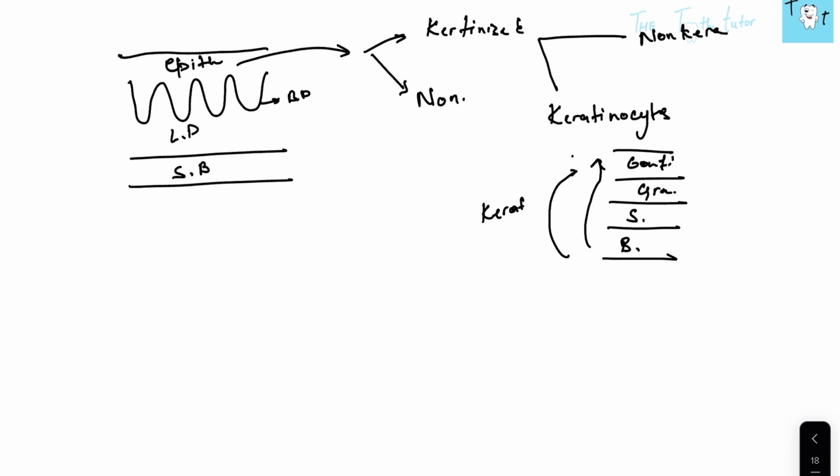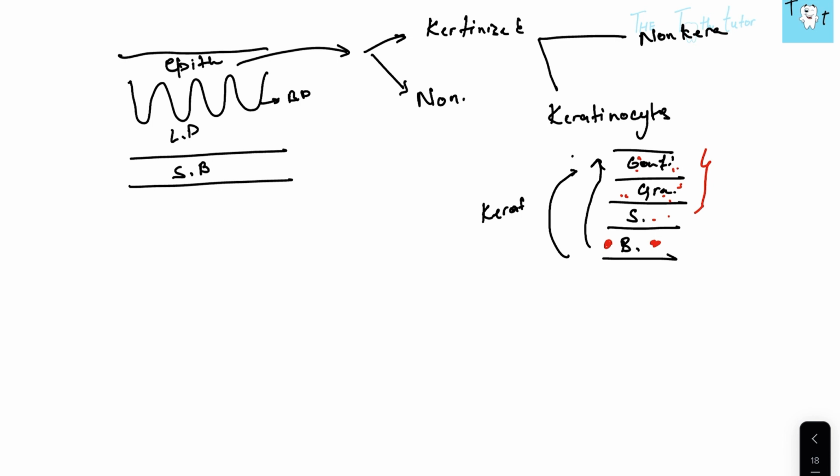Then we had non-keratinocytes in between these layers. Sorry, we had Merkel cells and the melanocytes in the basal layer, and we had Langerhans cells throughout the layer.